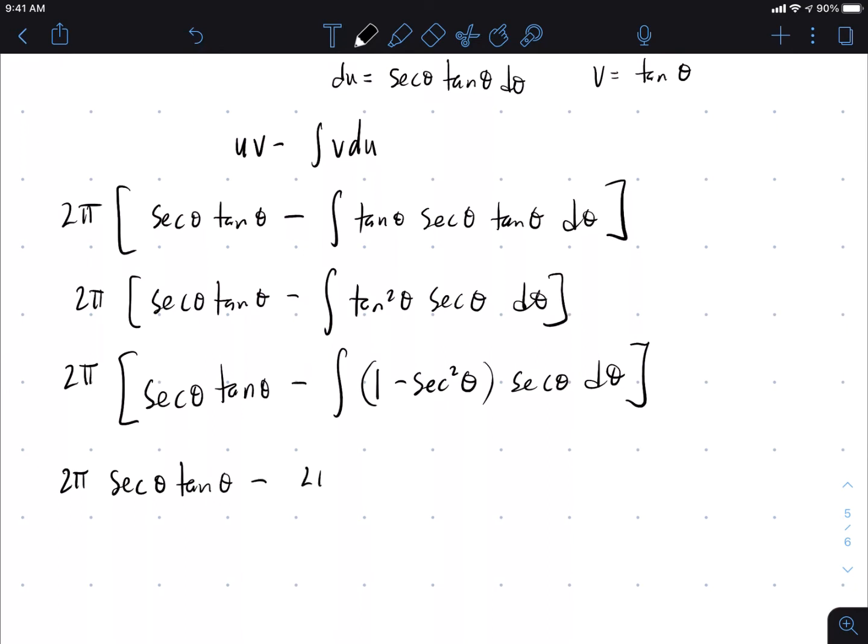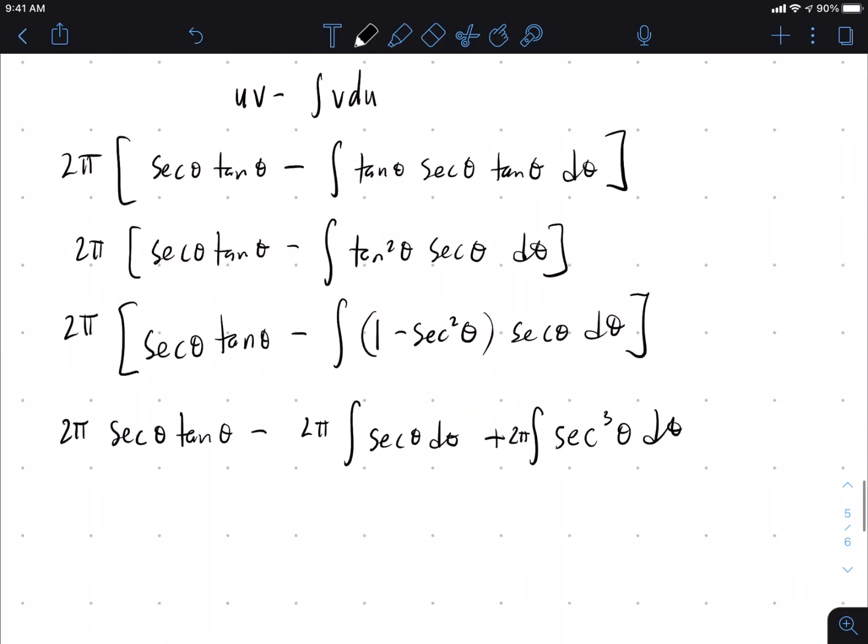Minus 2 pi integral of secant theta d theta plus the integral of 2 pi secant cubed theta d theta. Am I right there? I want to make sure. That's correct, right?